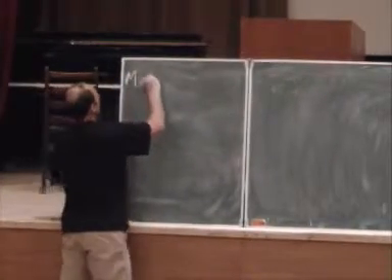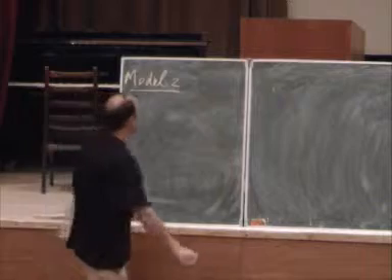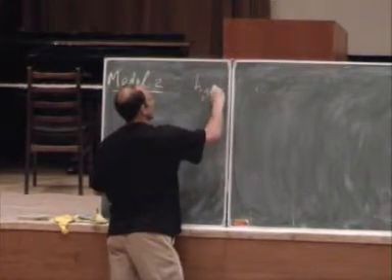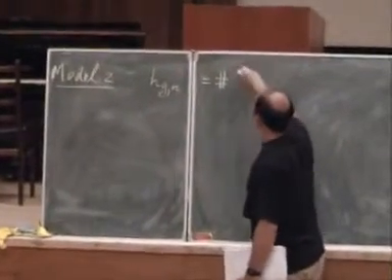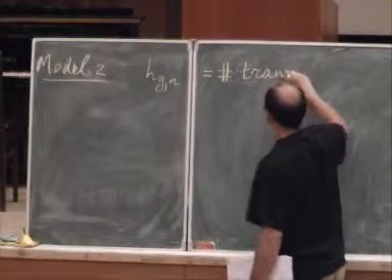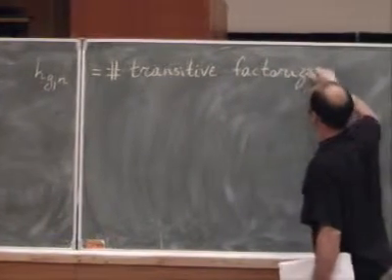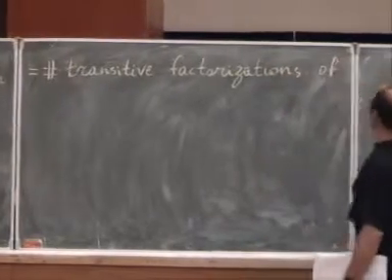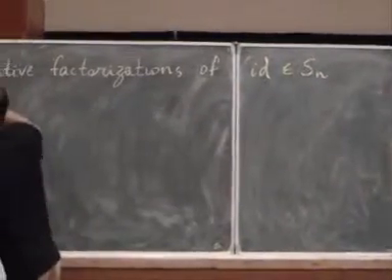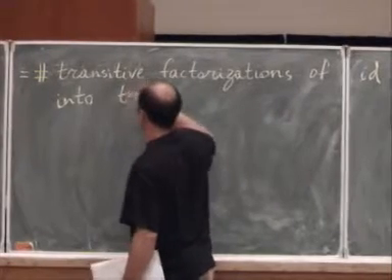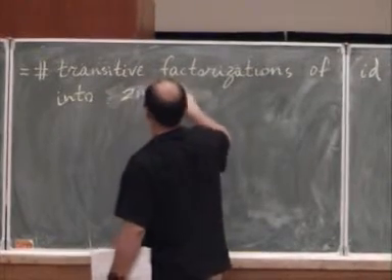So model 2 is using ramified coverings of the sphere, but I will just tell you, so HGN is the number of transitive factorizations of the identity permutation in Sn into transpositions, into 2n plus 2g minus 2 transpositions.